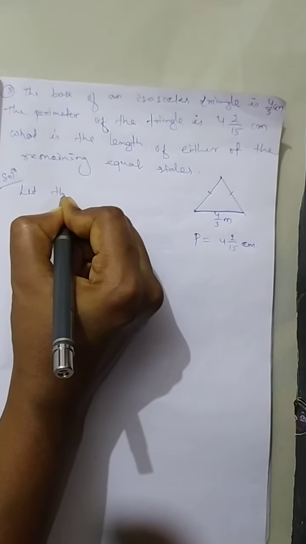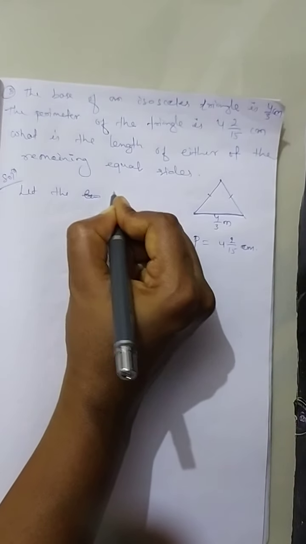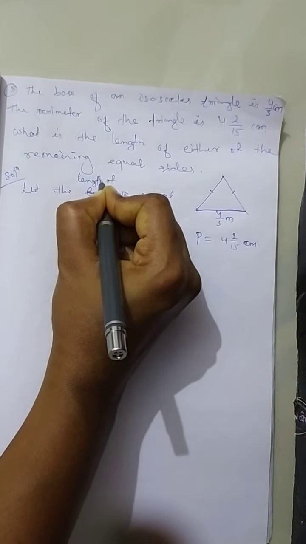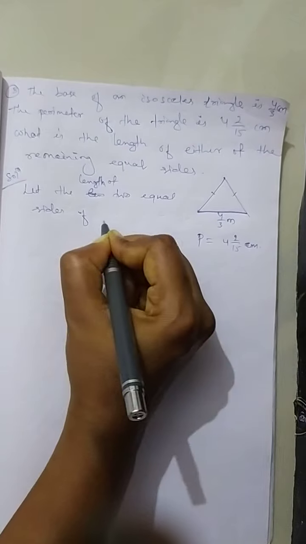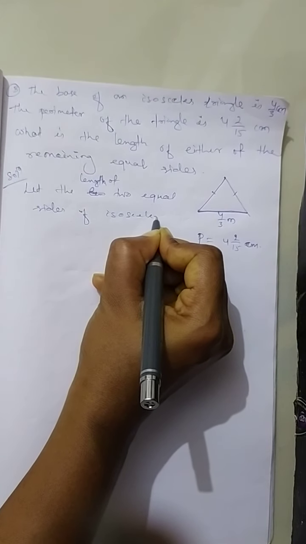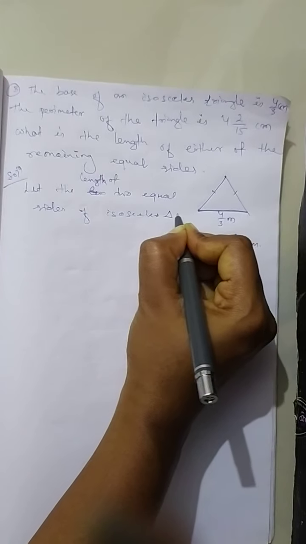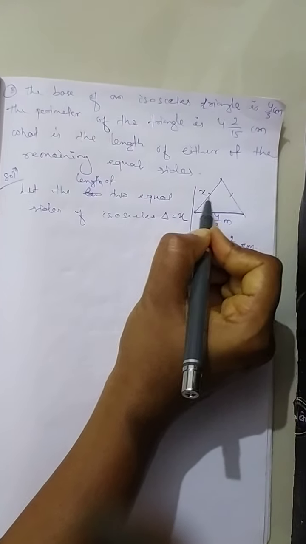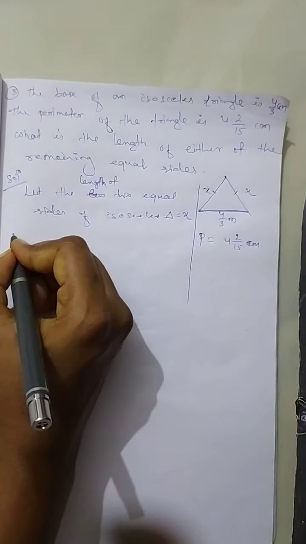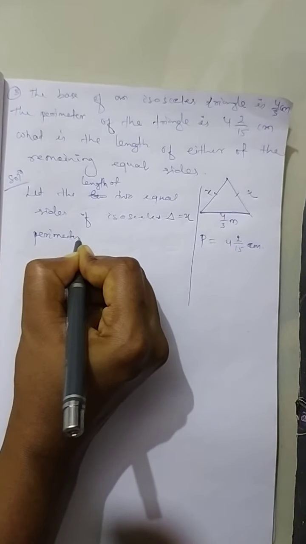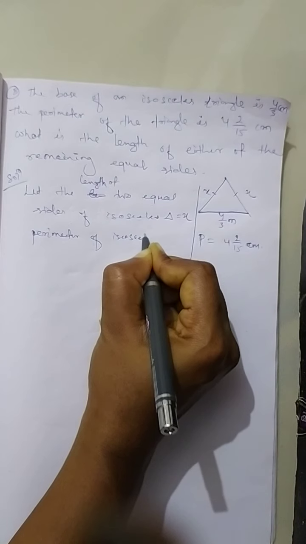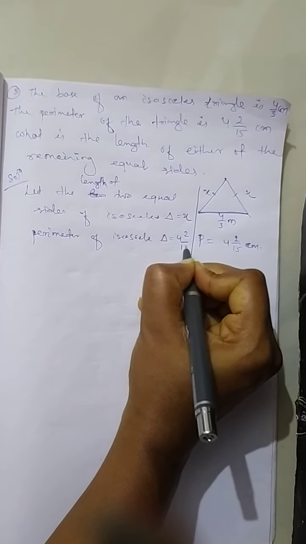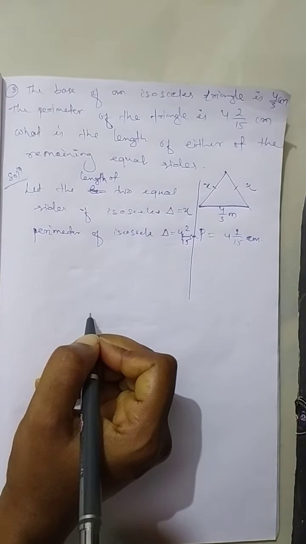Let the length of the two equal sides of the isosceles triangle be x centimeter. The perimeter of the isosceles triangle is 4 whole 2 by 15 centimeter.